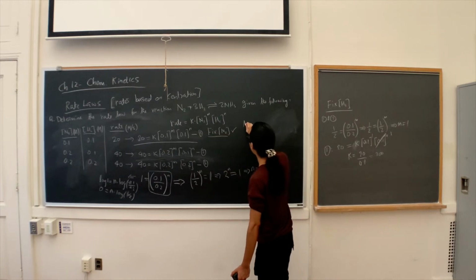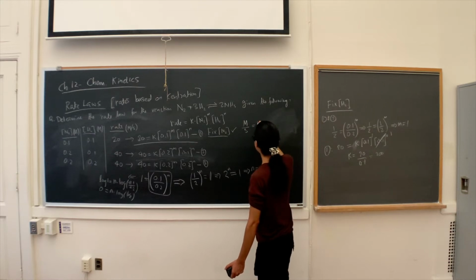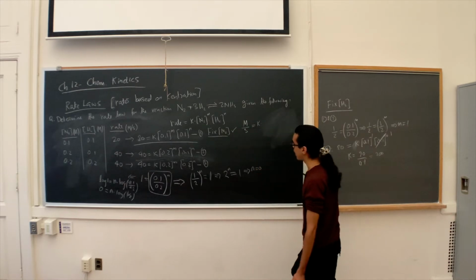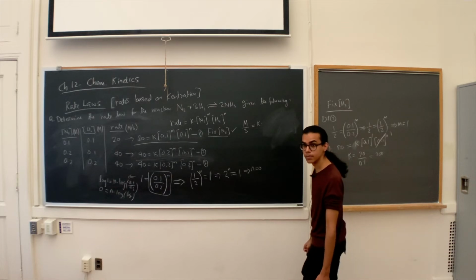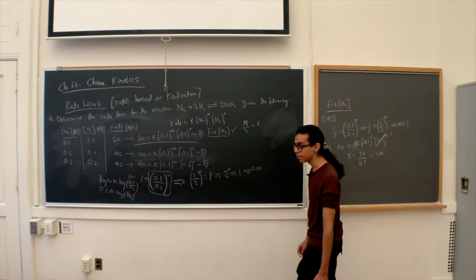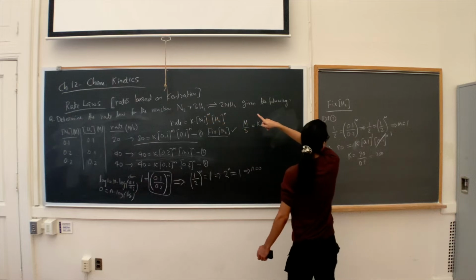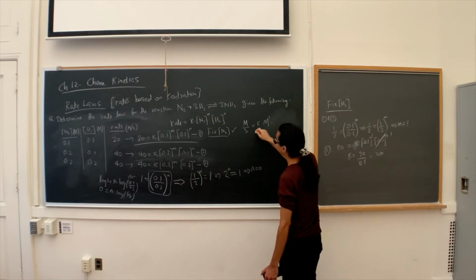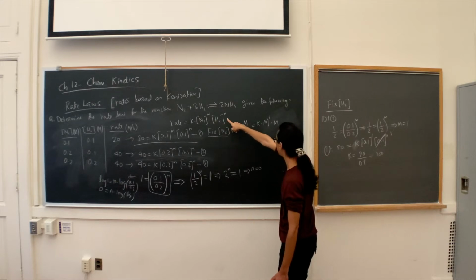Rate, we know, is always molars per second. K has some units. I don't know what it is. I'm just going to put it as K. What are the units of N2 concentration? Molarity, right? Big M. What's the power M? 1. And then again, that's M, concentration.